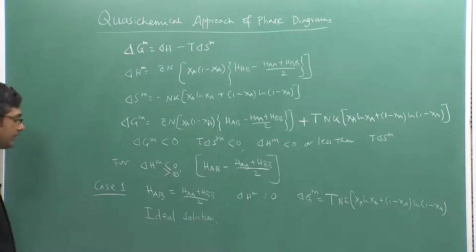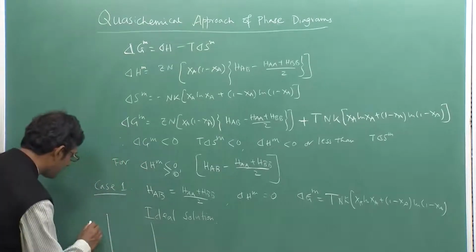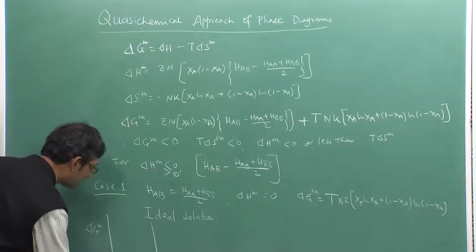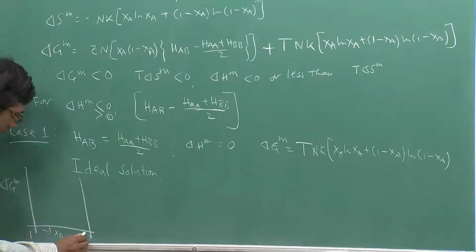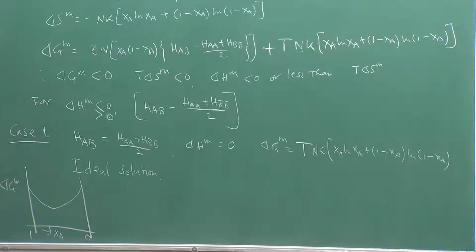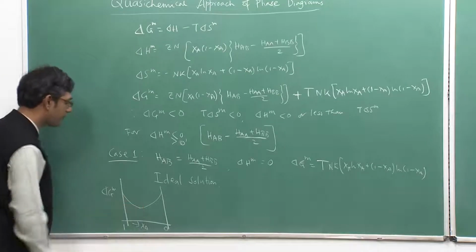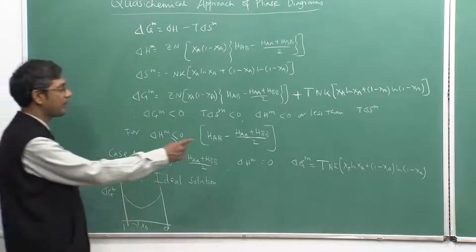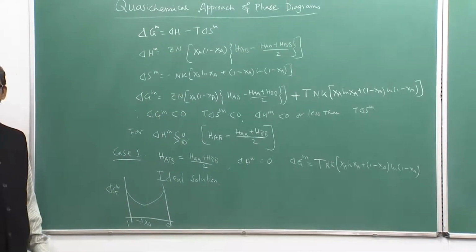That means, for any value of temperature and Xa, this is delta Gm and this is Xa or Xb, suppose this is 1, this is 0, the curve will look like this. So for any value of Xa, whatever the temperature may be, the solution will be stable always.